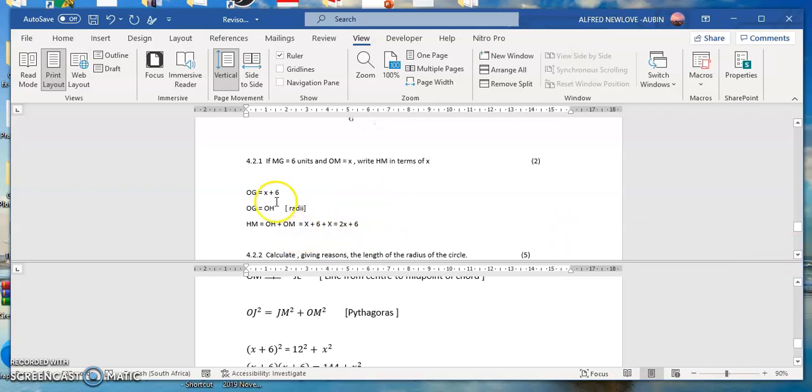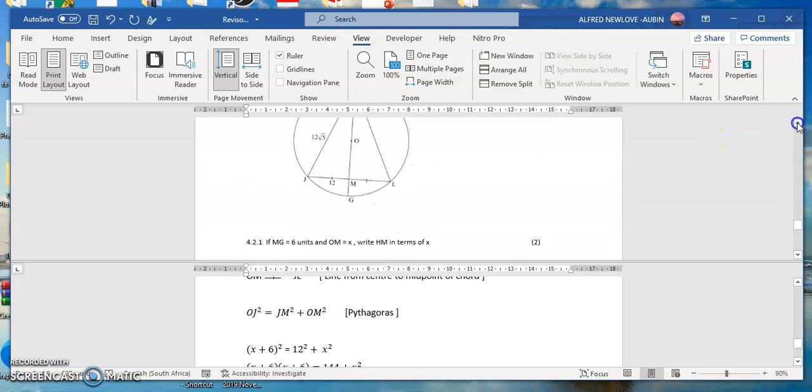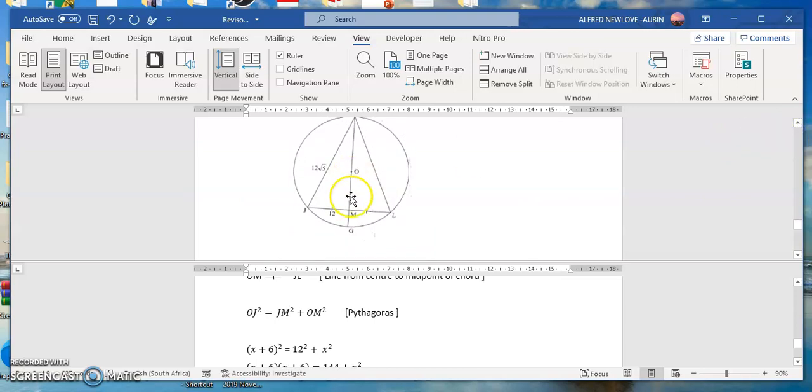Check OG. OG is x plus 6, which is the same as that one. It's a radius. This is also a radius. It looks smaller, but it's a radius, from the center to the circumference. It's the same as this OG.